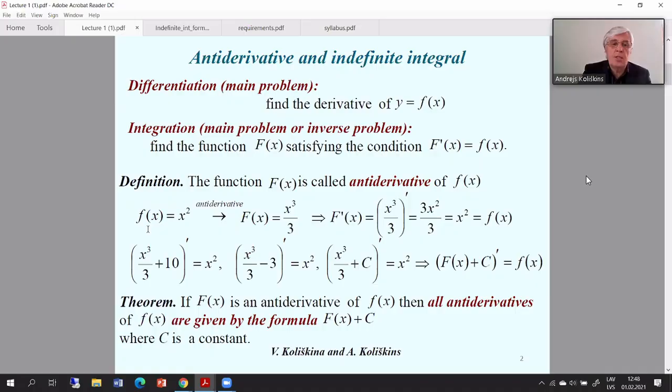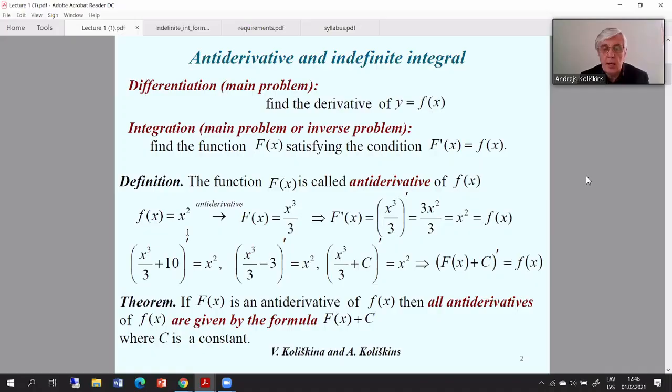So let's assume that you know that the derivative of some function is x squared. So how does the function look like? If you recall the table of derivatives, and after some thinking, you probably can come up to the solution, right?